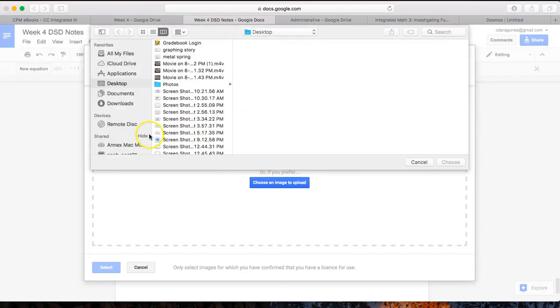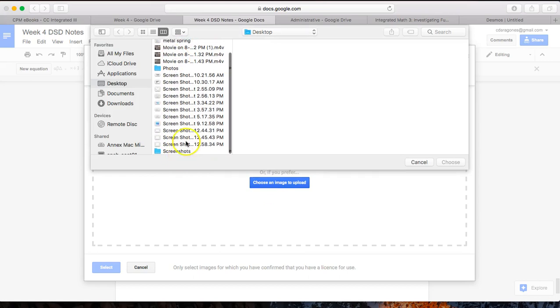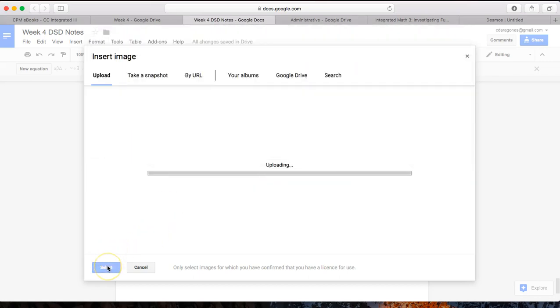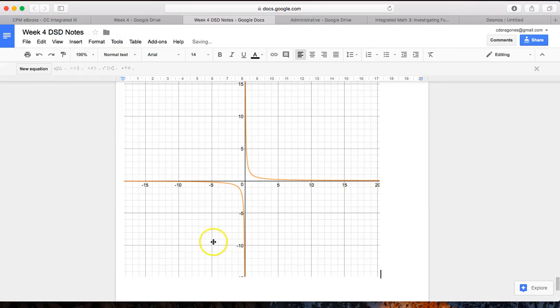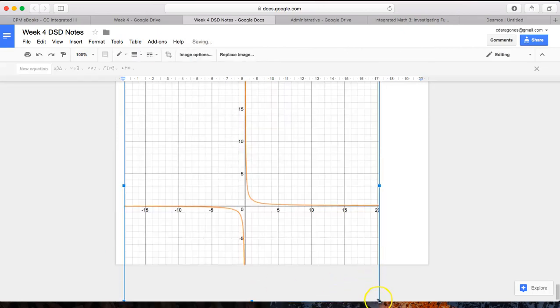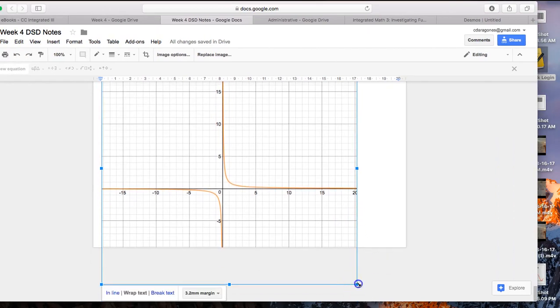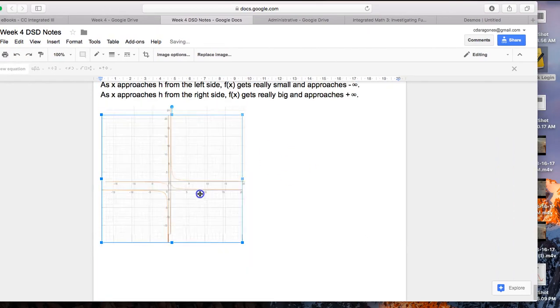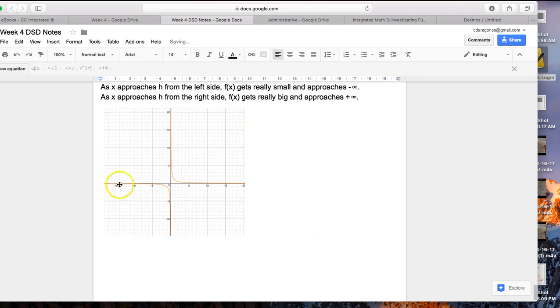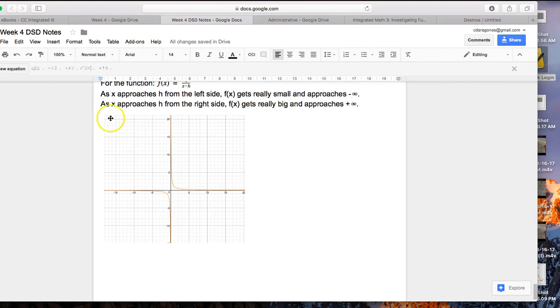I just want you to draw the shape of the graph. And notice, like I said, as x approaches h from the left side, it gets really small. As x approaches h from the right side, it gets really big. So go ahead, copy the shape of this graph down, and then when you're finished, you can come back to the video.